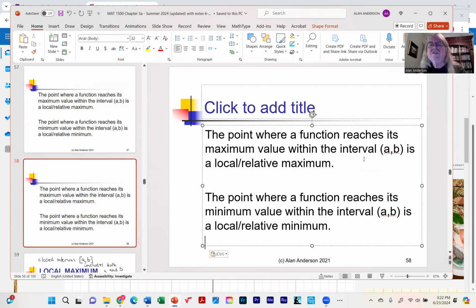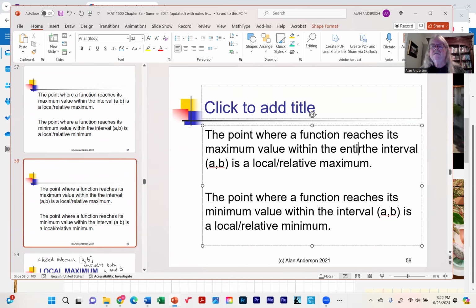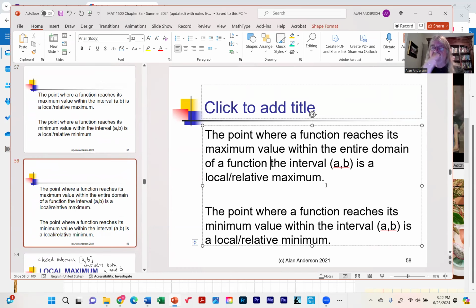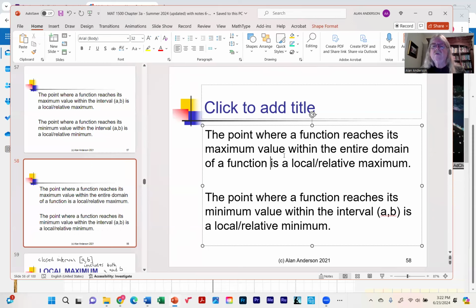The point where a function reaches its maximum value within the entire domain of a function, in other words, there's no place else in the entire function where the function gets any larger, we're going to call either a global or absolute maximum.